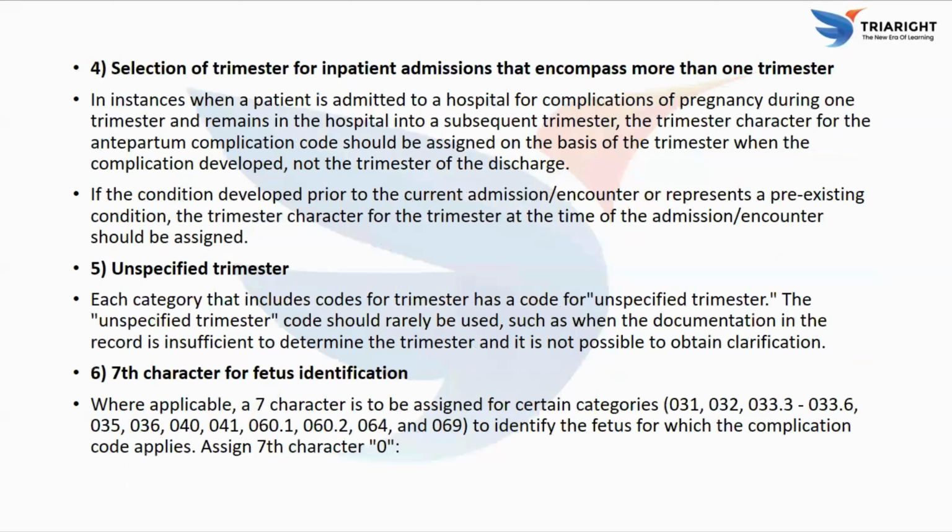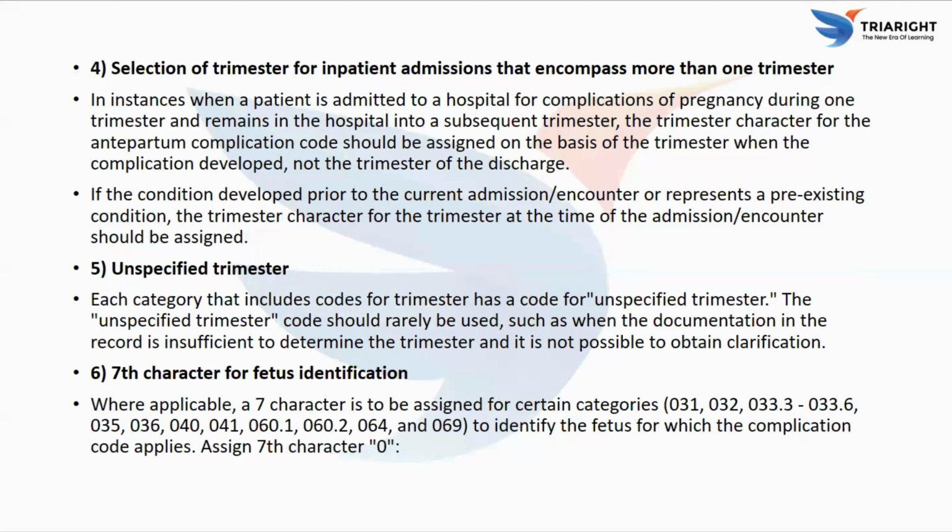Next is selection of trimester for inpatient admissions that encompass more than one trimester. Sometimes a pregnant woman is admitted in one trimester, but stays in the hospital long enough to enter the next trimester. So what is the important rule here? Assign the trimester based on when the complication first developed, not the trimester at discharge.